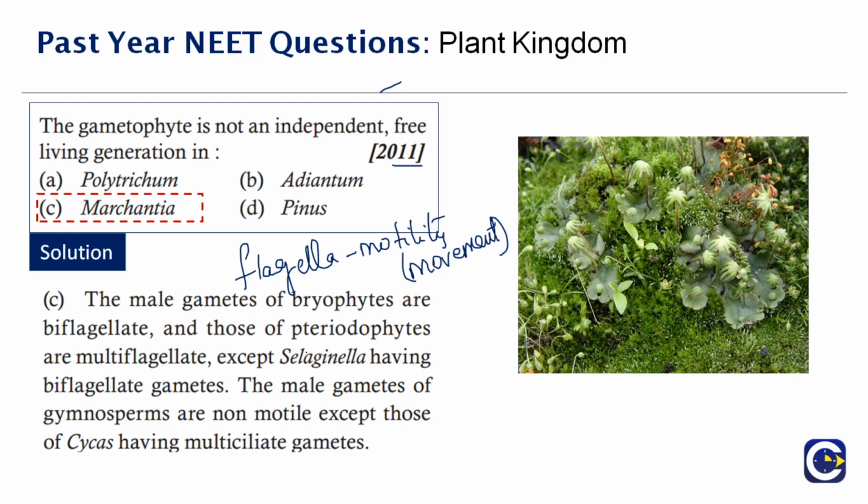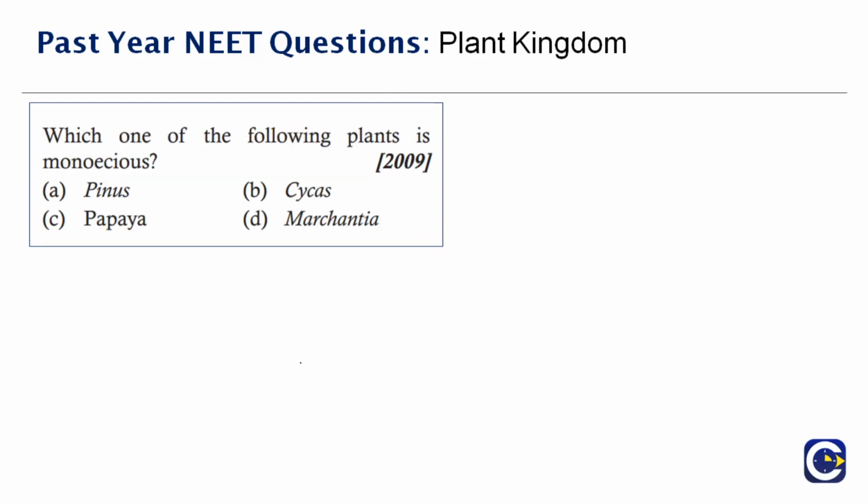Now let's move to the next question. This question again is very easy. We've already discussed a lot about it in the earlier parts, if you remember. This question was asked in the year 2009. Which one of the following plants is monoecious? We already saw the difference between dioecious and monoecious. When I say mono, what do you mean by mono? A single plant.